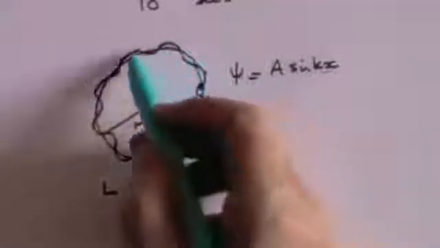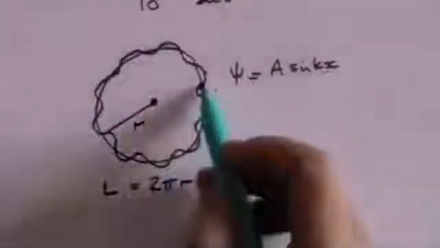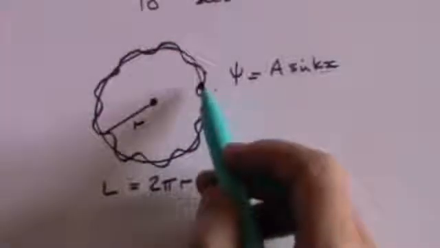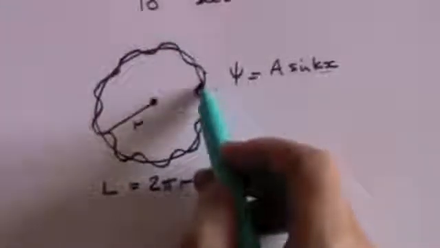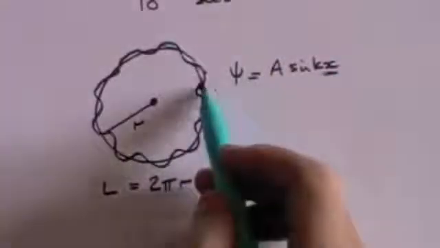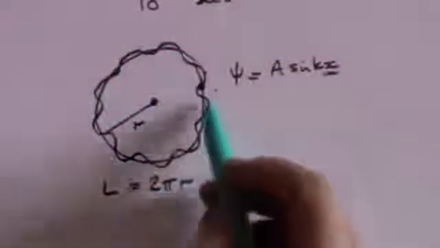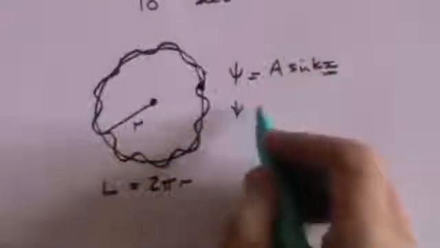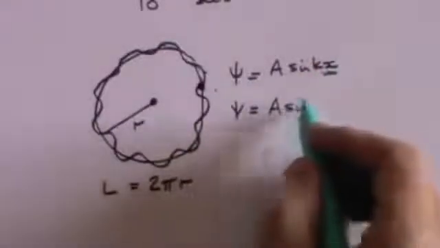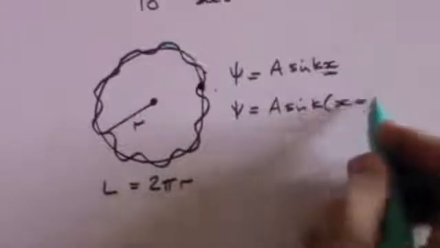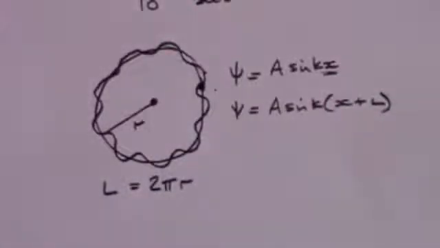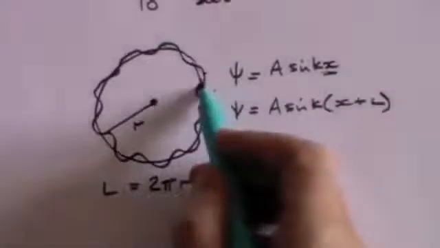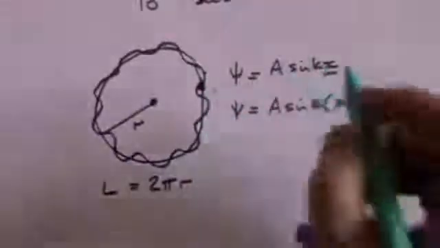Once the electron has gone all the way round, it has now gone x plus L, because at this point it was at x. Now it goes right the way round and comes back to where it started. It's now x plus L. So the wave function is now a times the sine of k into x plus L. But the rule is that that must be the same.